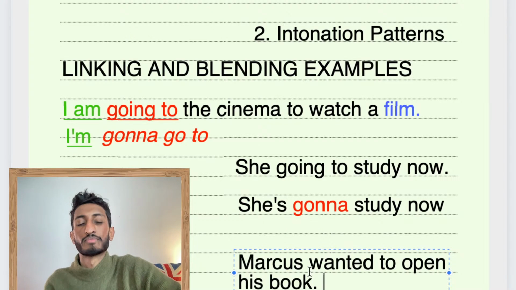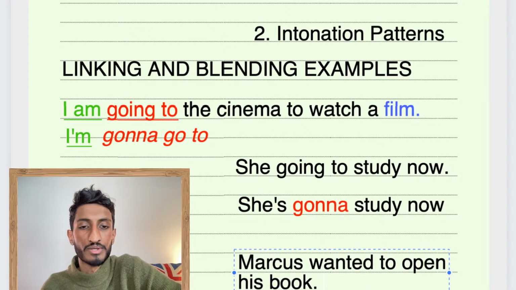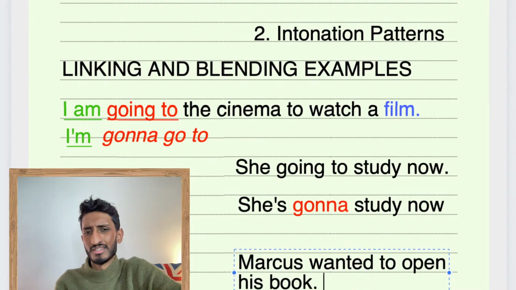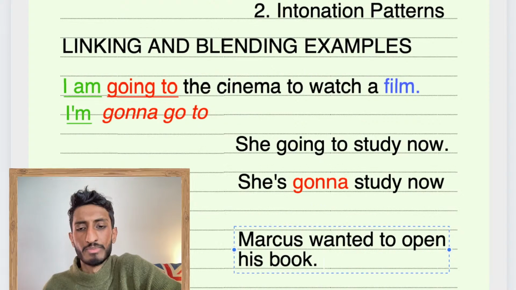Okay. Marcus wanted to open his book. Can we contract anything? Can we sort of link and blend anything? What do you guys think? Let me know in the comments.